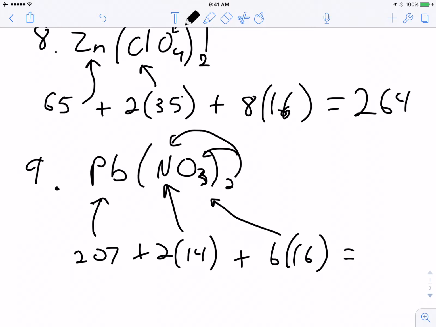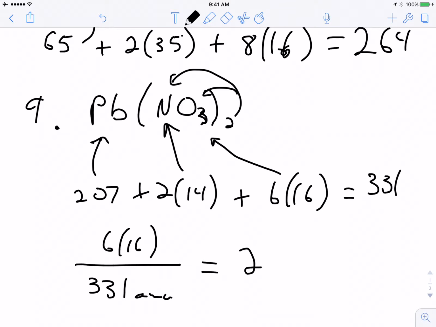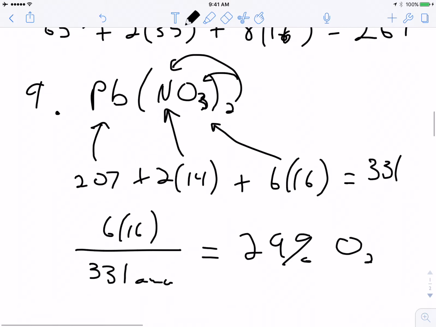And all that together, I get 331. So that's my total. Now I'm looking for oxygen. Oxygen, well, there's 6 of them, each with its mass of 16, divided by my total. And that times 100% is about 29% oxygen. Excellent. All right, moving right along.